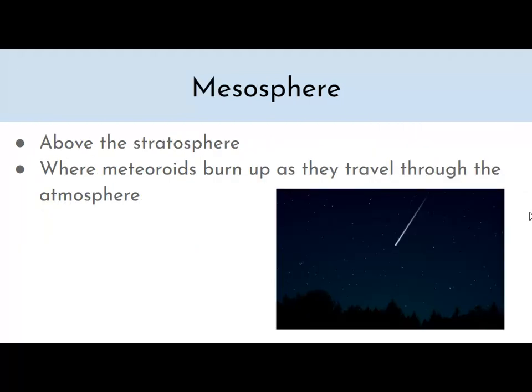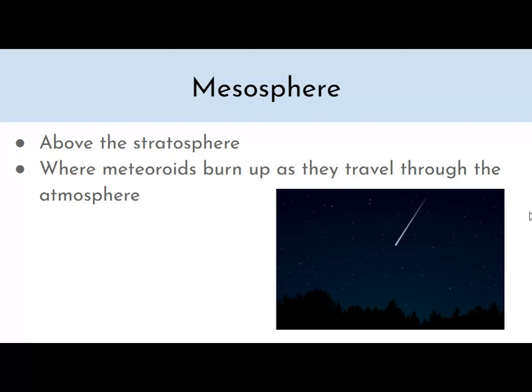Moving on up to the mesosphere. It is, like I said, above the stratosphere, and this is where meteorites burn up as they travel through. We don't have as much information on the mesosphere as we do the stratosphere, at least for our purposes.